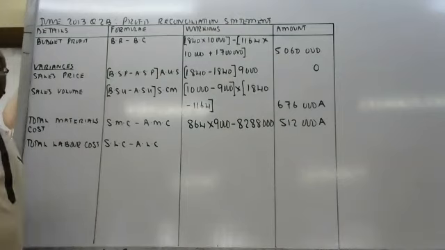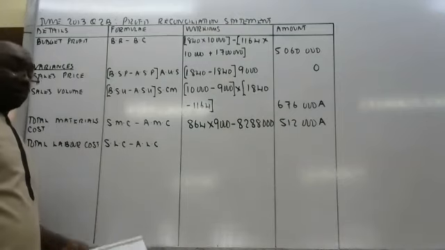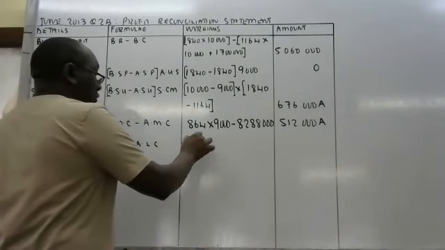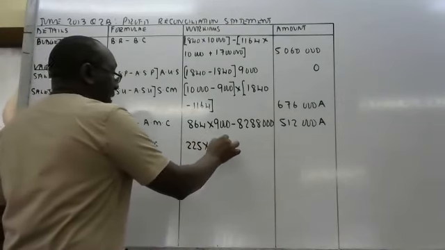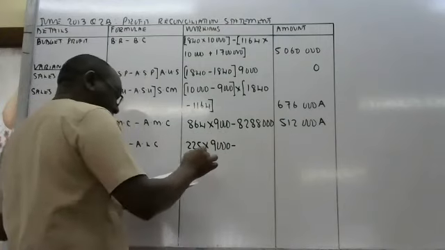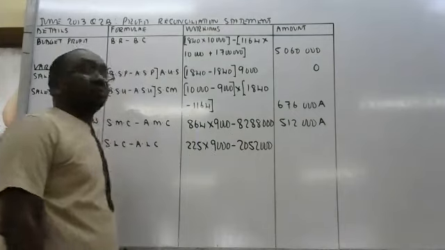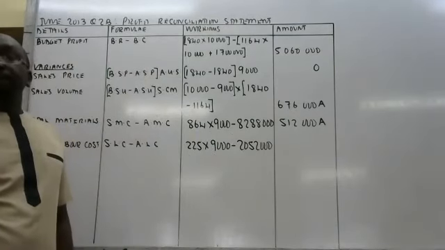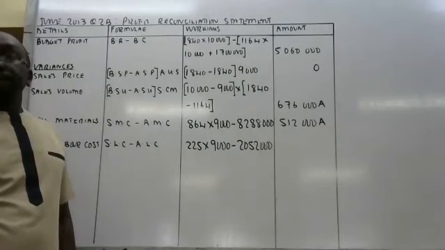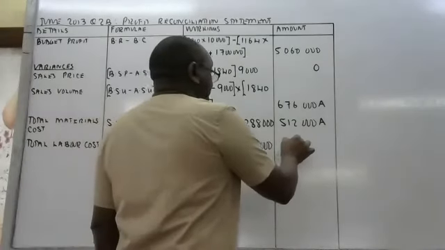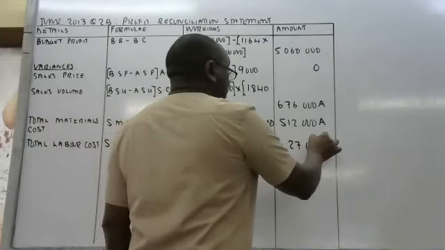Above, 1 unit was supposed to be 225, multiplied by 9,000, minus the actual below, 52,000. The variance is 27,000 adverse.